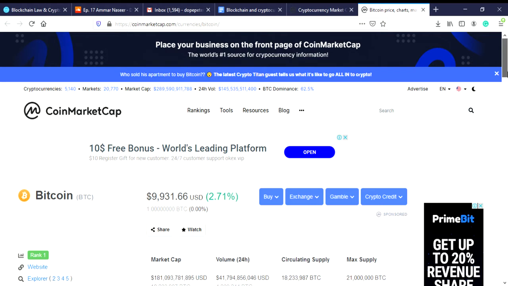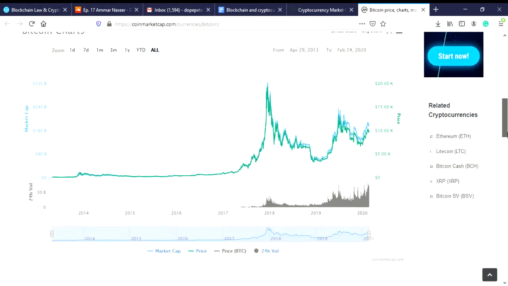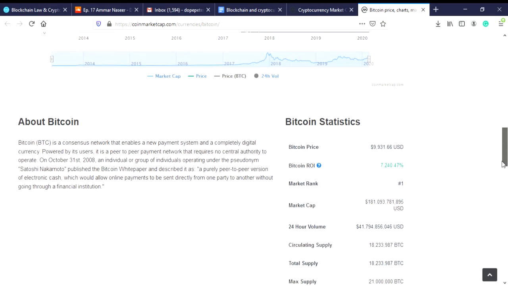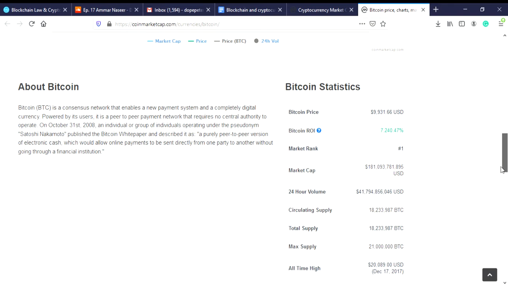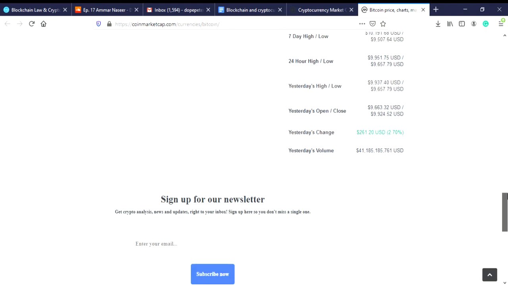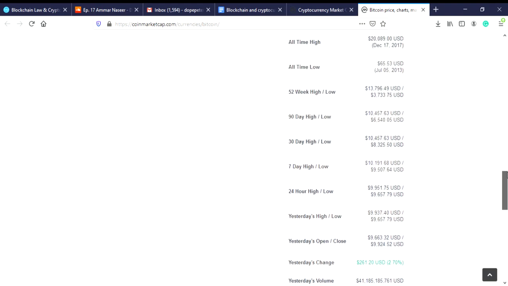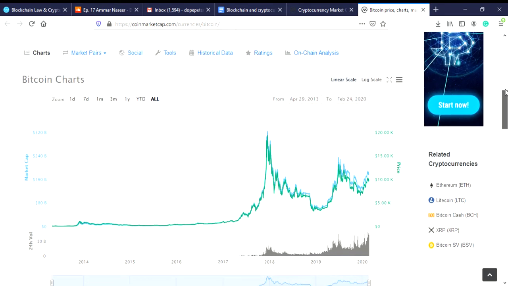So alright, let's get down to it. If you scroll down a little bit, you're going to see the details of Bitcoin, a brief description, and the ROI since Bitcoin has been in existence. If you had bought Bitcoin when it first came out, it has made 7,240%. You're going to see quite a lot of details for whatever cryptocurrency you click on here.